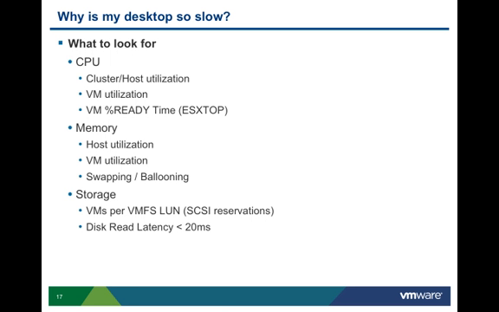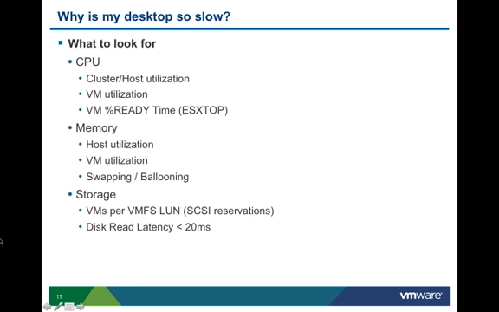Use vCenter server here to check VM utilization. We have often seen issues with particularly maybe Java applications which manage memory themselves, and it's hard for us to balloon or gain back memory from the VM. We want to avoid swapping and ballooning, as this has a performance overhead on the ESX host.